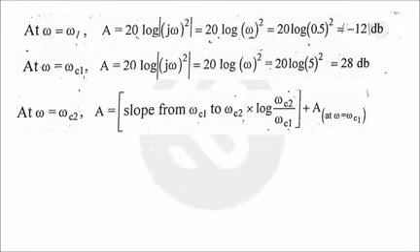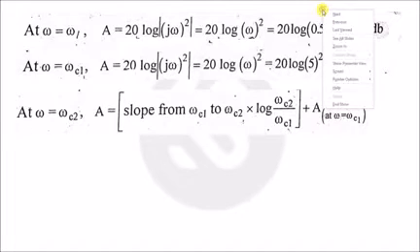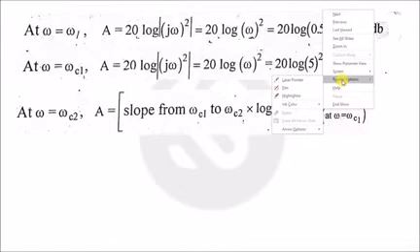The corner frequency at omega c, the formula will be slope from omega c1 to omega c2 into log of omega c2 by omega c1, then add the gain at omega equal to omega c1. This is a long formula. If you have basic knowledge of geometry, then you can easily crack it out. Let me make you understand with the diagram.